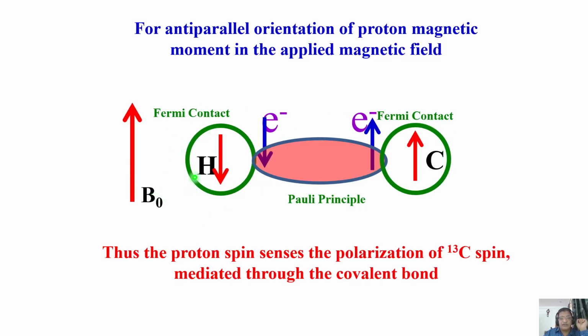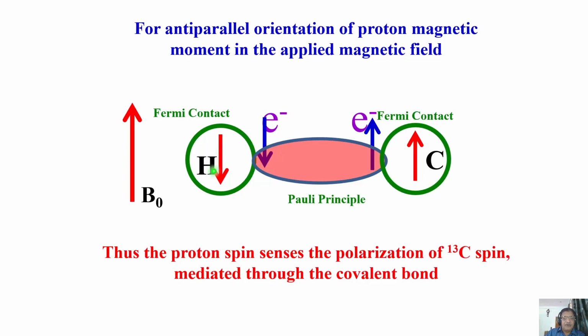It senses this polarization. Or in other words, the proton spin senses the polarization of carbon. Either way is correct. Please remember, don't get confused. Whatever the direction of orientation of the magnetic moment of the proton you take, it forces the carbon adjacent and bonded to it by a single sigma bond in a direction opposite to it.